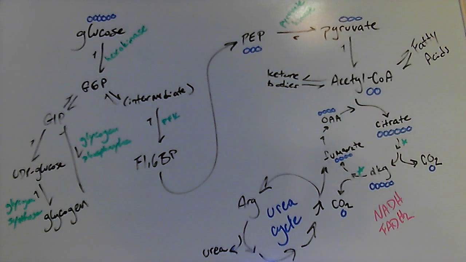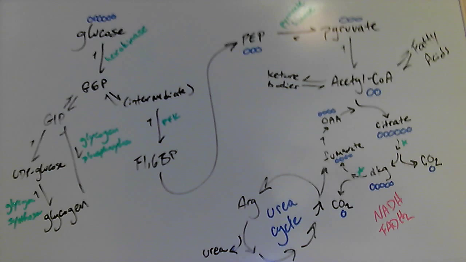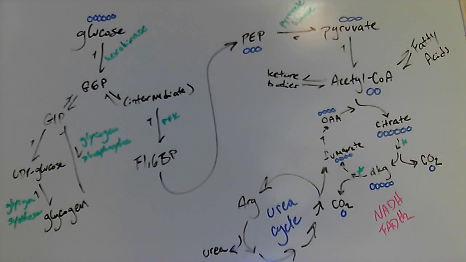Okay, and what's really driving whether you're mainly having glycolysis and the citric acid cycle, or if you're mainly having fatty acid synthesis and glycogen synthesis, it really has to do with the amount of substrate that's available and the speed of the reactions in any particular pathway in a given direction.